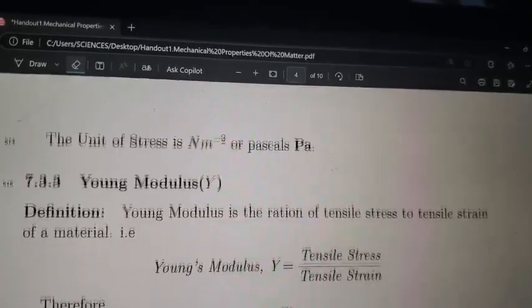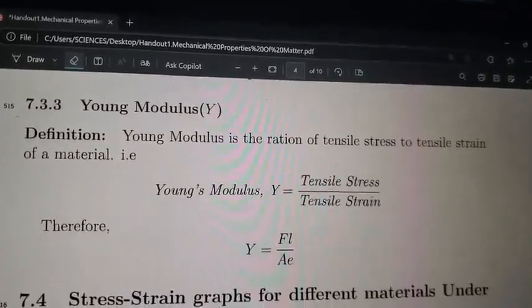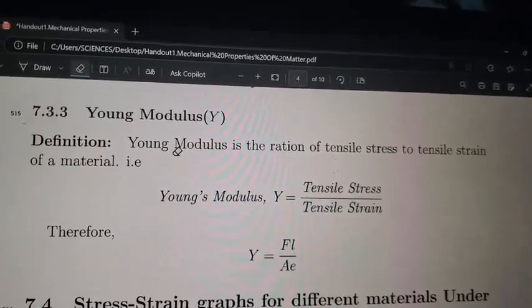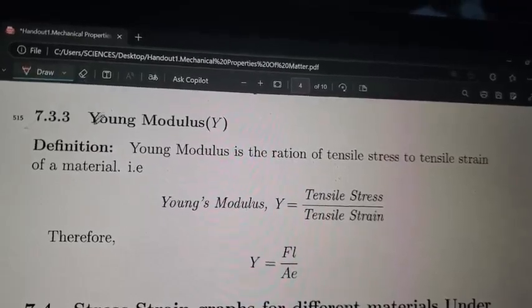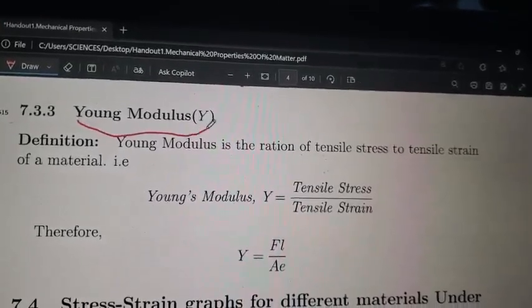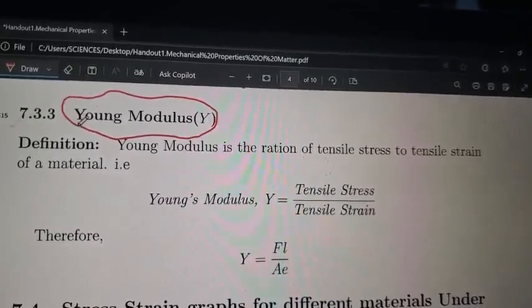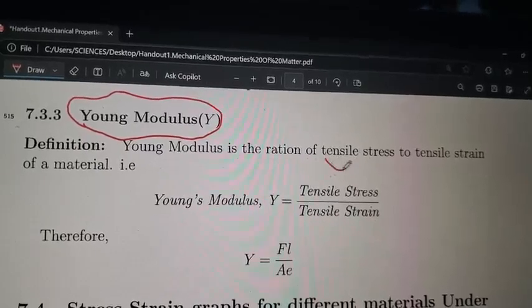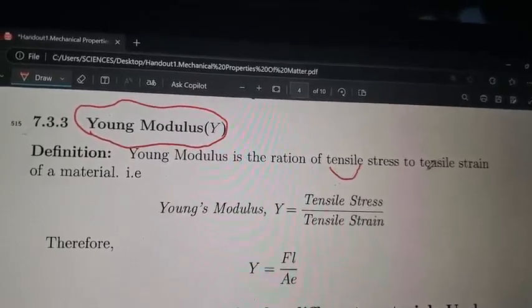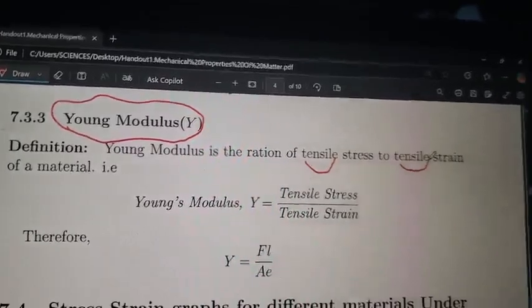All right. Then there is another quantity that combines tensile stress and tensile strain. This quantity is called Young's modulus. Young's modulus is the ratio of tensile stress to tensile what? Tensile strain.